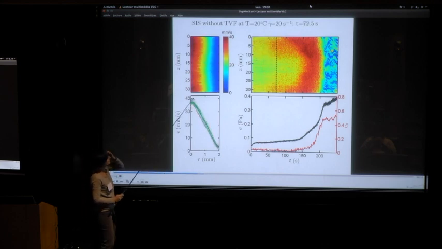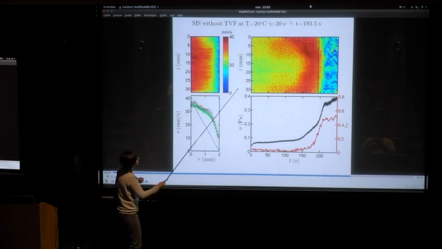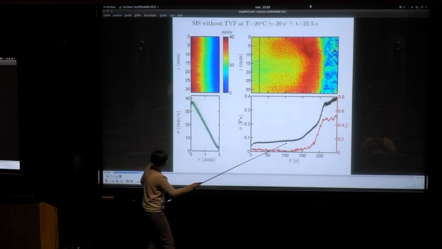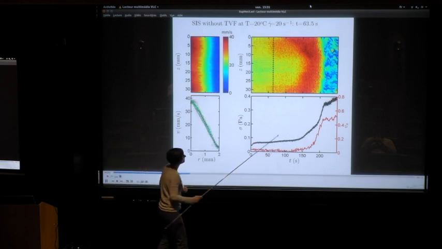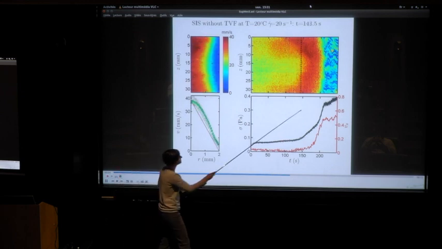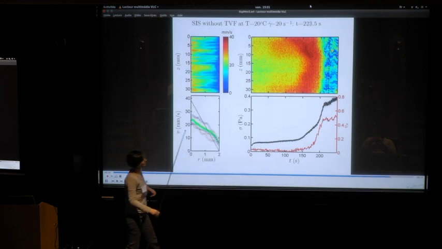When you shear this system, initially the velocity profile is linear, and so you have nothing special in the spatiotemporal dynamics. But once the shear-induced structure builds up, the elasticity in the system increases, and the flow is destabilized, and we end up with this disordered flow state here.